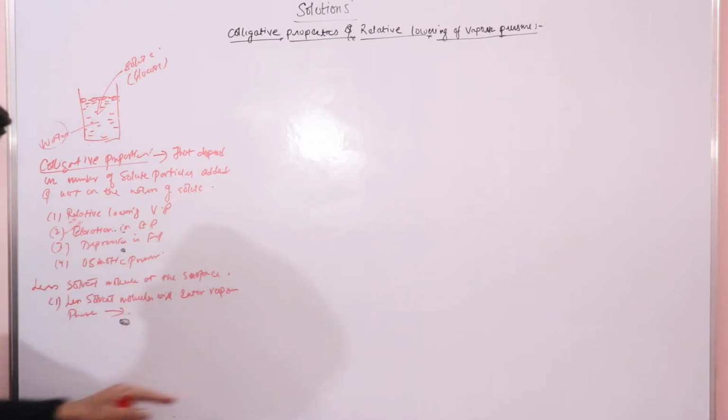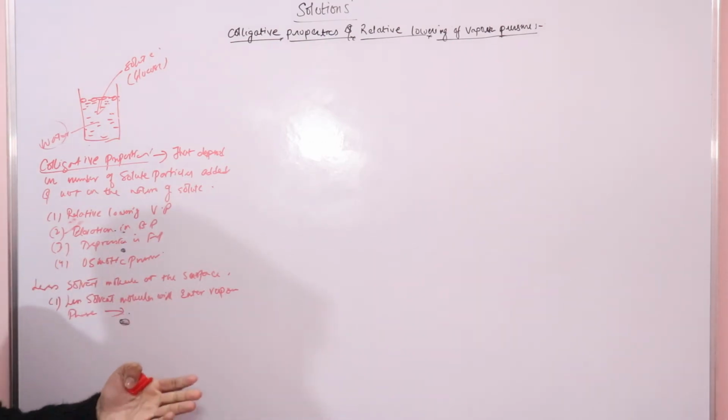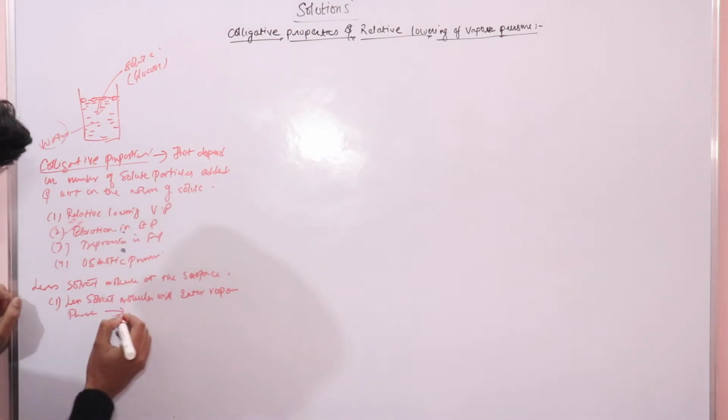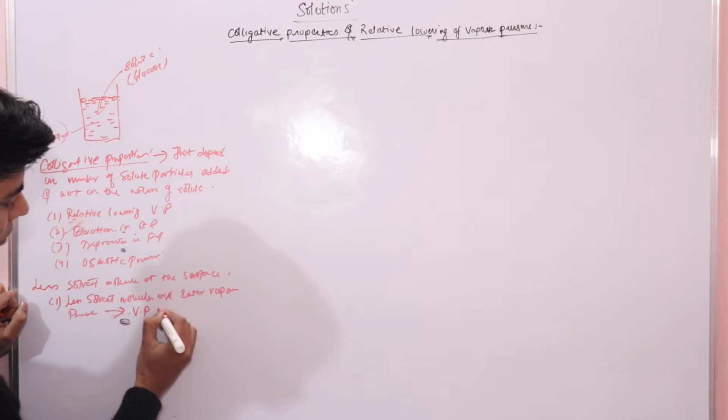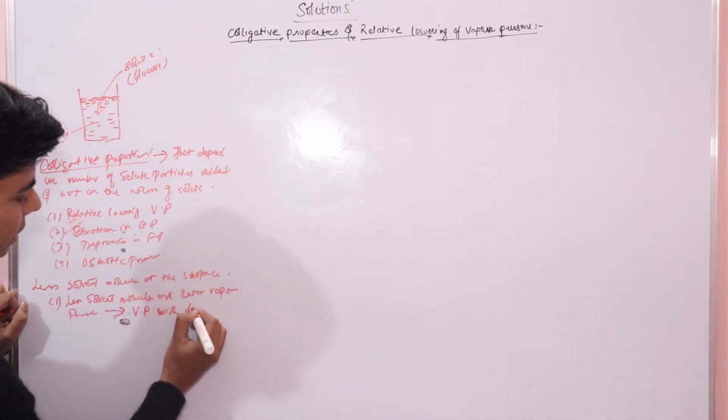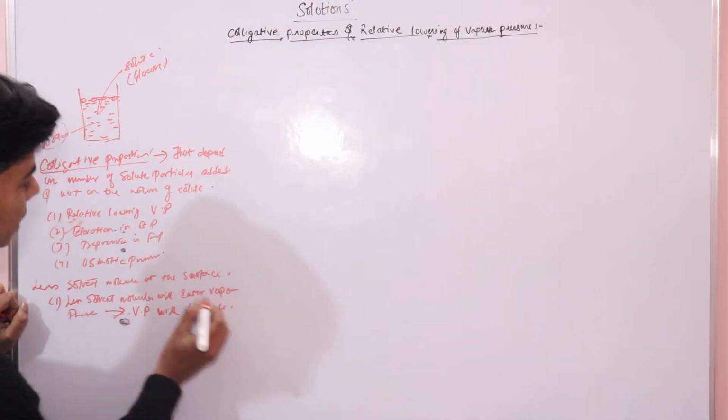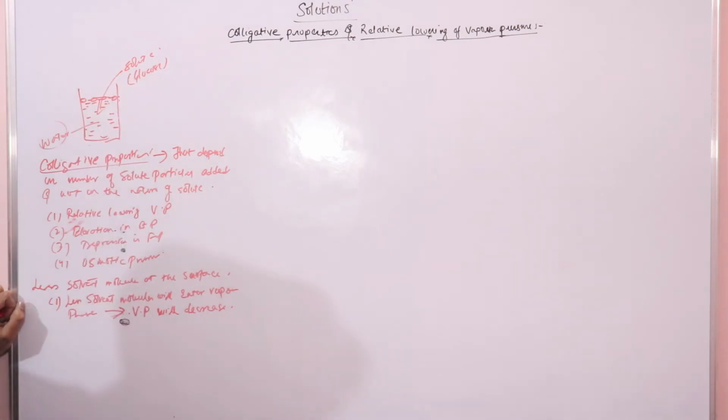So what will happen when fewer solvent molecules enter the vapor phase? Your vapor pressure will decrease. Since fewer molecules are going into the vapor phase, the vapor pressure will reduce, due to the smaller number of solvent molecules entering the vapor phase.